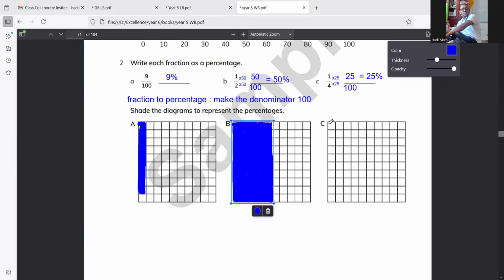You start from here. Those are 2. And from the third one, you shade only 5. Like you count 1, 2, 3, this is 4, this is 5. From this one, you shade only 5. This will be shading 25%.